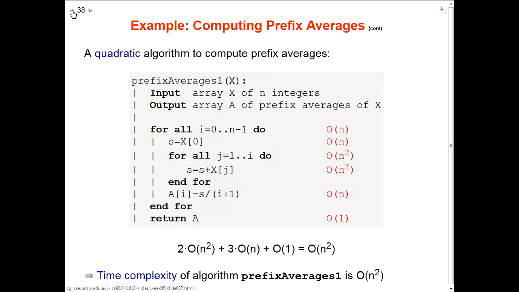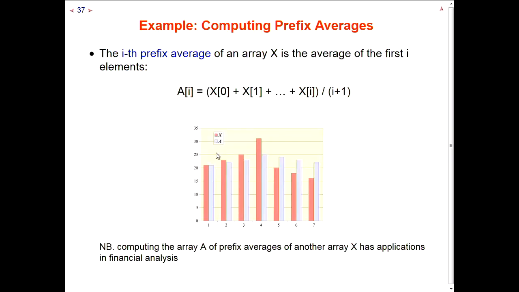And that would mean, if we go back to our diagram here, that instead of, when we get to this point, summing up the first, the second, and the third value again, we just take the running sum. We've already summed up the first and the second value, and we just add the third value to it. And clearly, when we get to the end, instead of recomputing the sum of the first 6 elements, we just take the running sum and add the 7th element to it. Much faster.